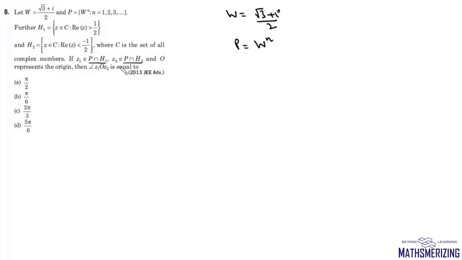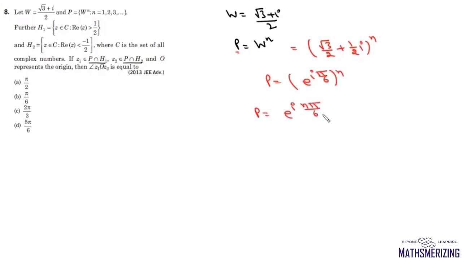Now if we look at this, P is w to the power n, which is root 3 by 2 plus 1 by 2 iota to the power n, and this is e to the power iota pi by 6, to the power n. We can write this P as e to the power iota n pi by 6.